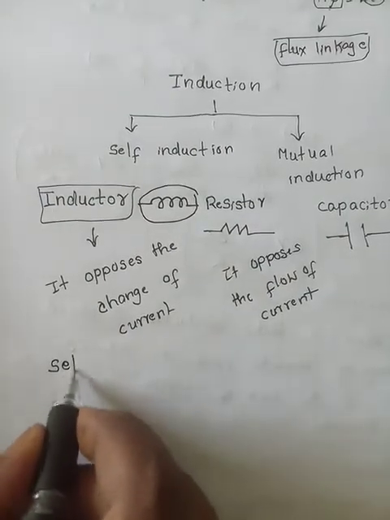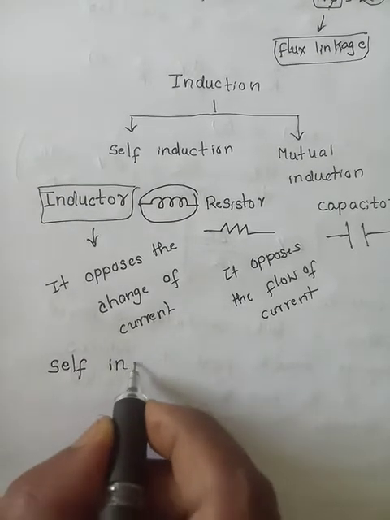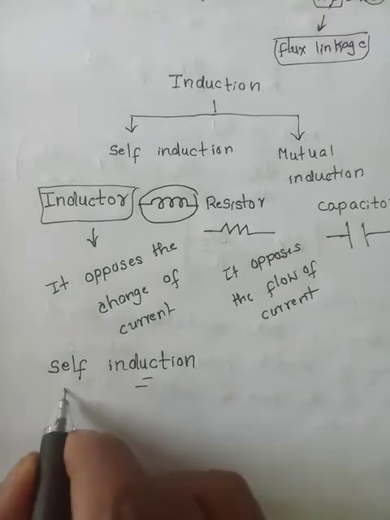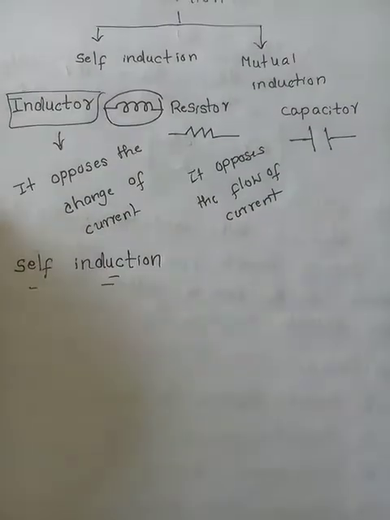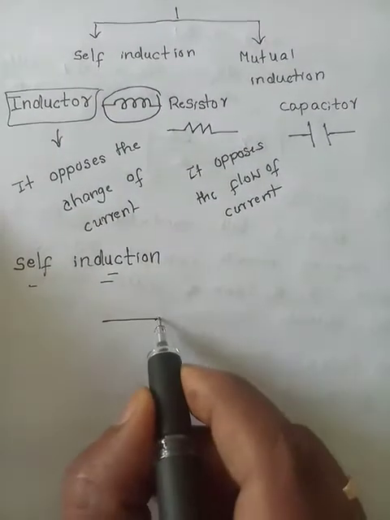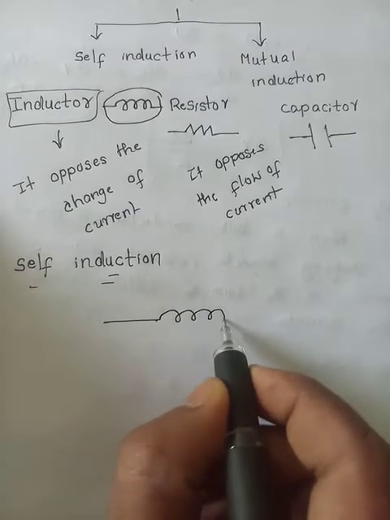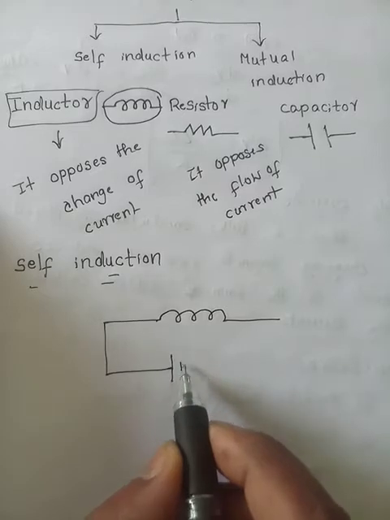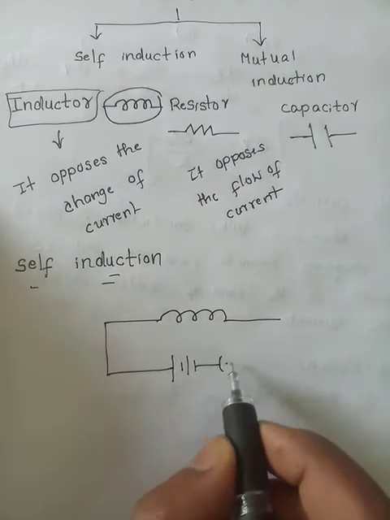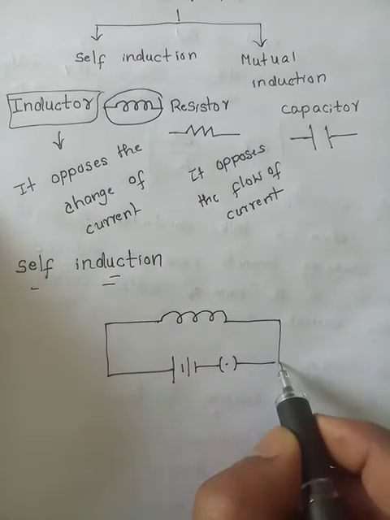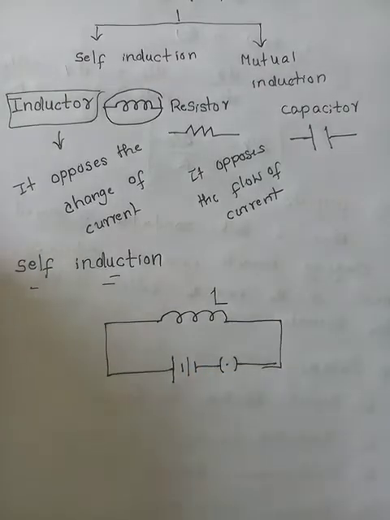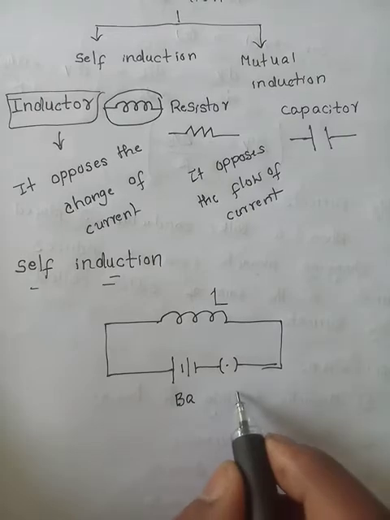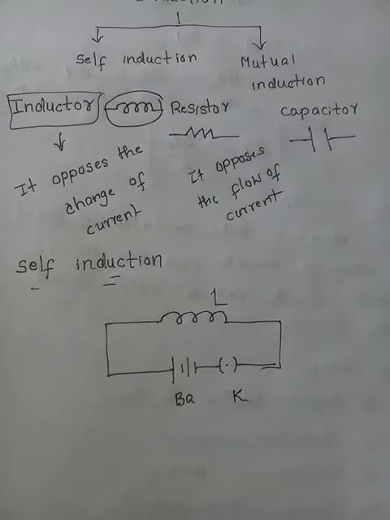First concept I am discussing is self induction. For this we connected an inductor to a battery, which in turn is connected to a plug key. The inductance of the inductor is L. The battery is connected having some potential, and this is the function of the plug key.